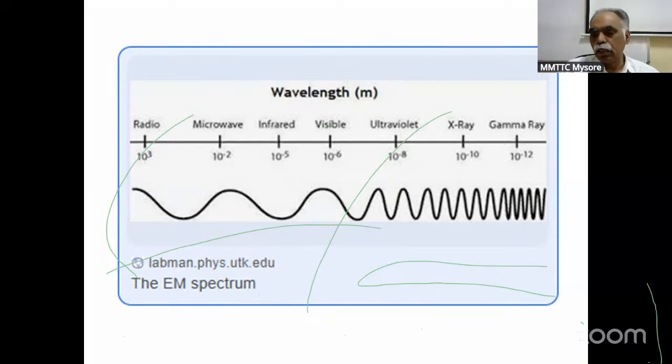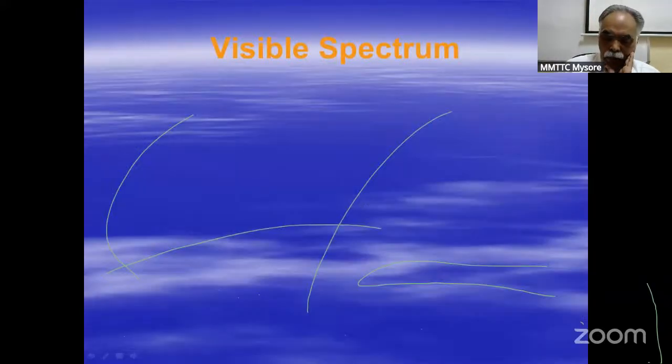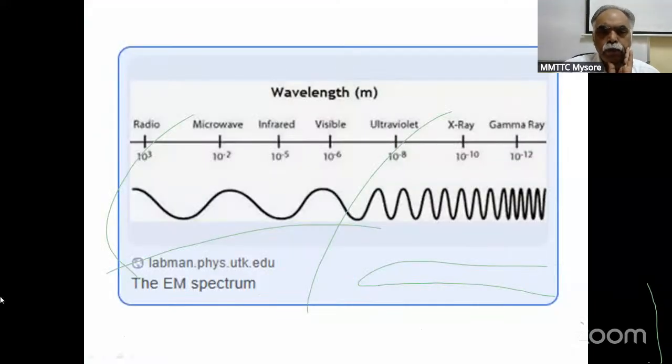So this is the total spectrum. In this we have radio waves, microwaves, infrared, visible waves, ultraviolet waves, X-rays and gamma rays. We'll see what the visible spectrum is. We do not see radio waves, microwaves or infrared, only the visible rays.